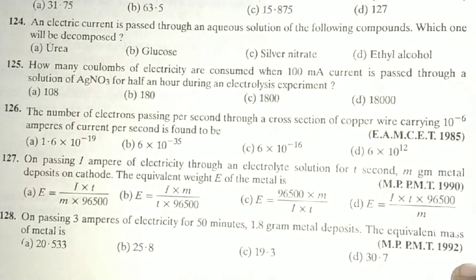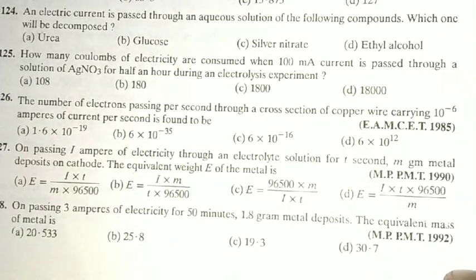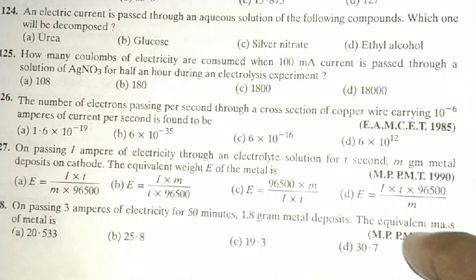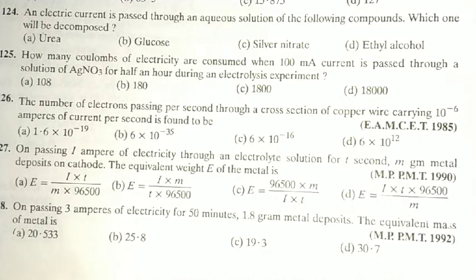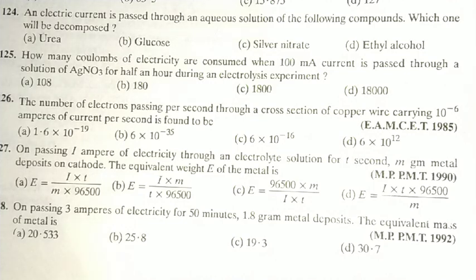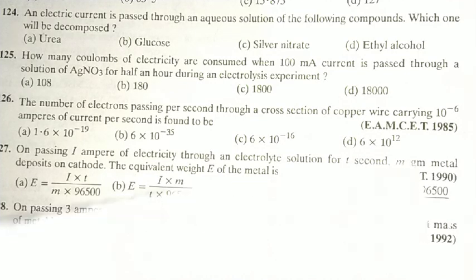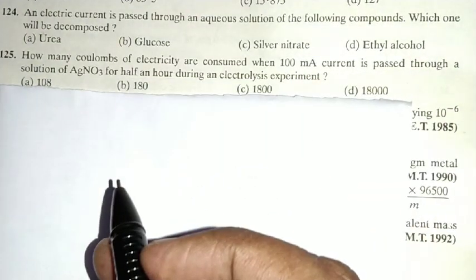Now look at the next question. How many coulombs of electricity are consumed when 100 milliamperes current is passed through the solution of silver nitrate for half an hour during the electrolysis experiment? This is also directly based on Faraday's first law only. So here, as per the given data, first identify the charge in coulombs.